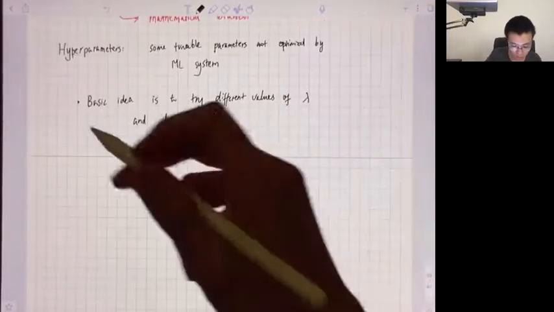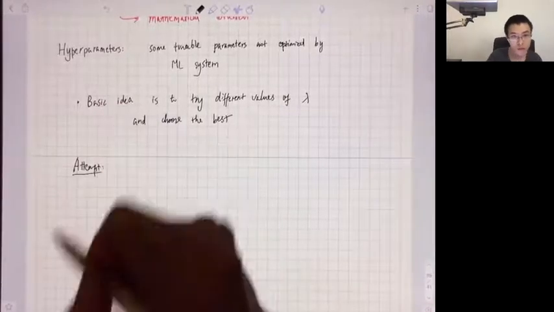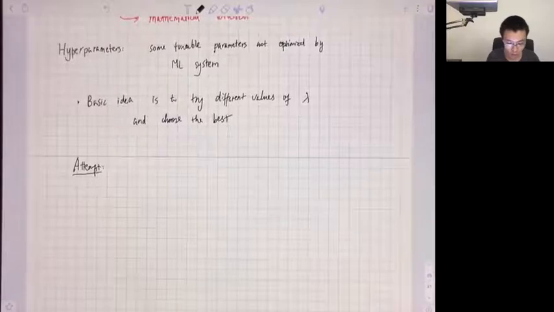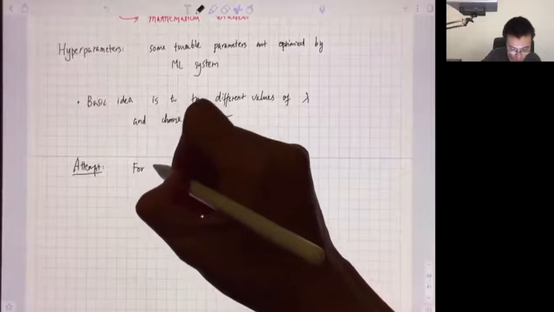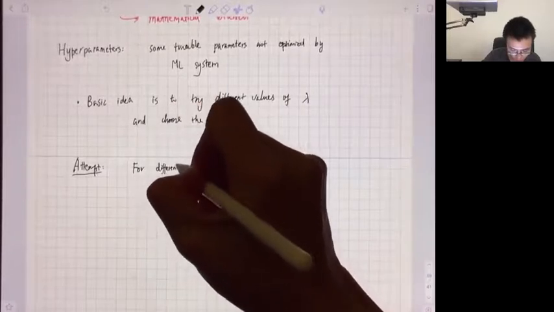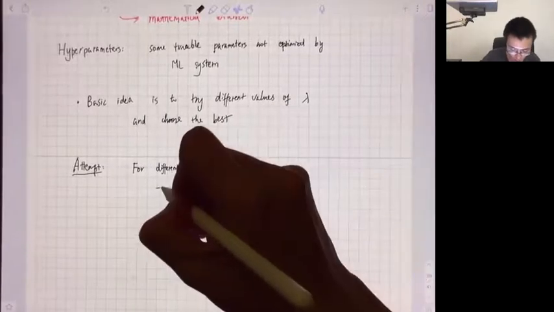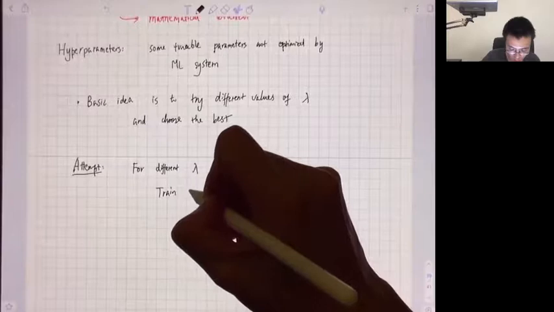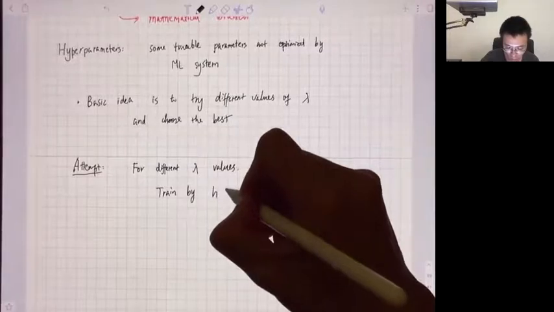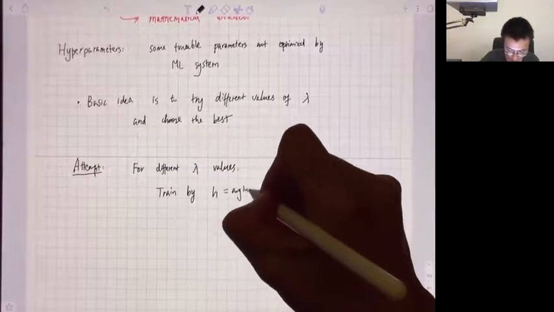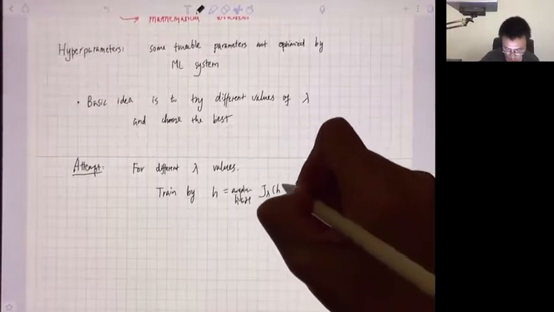So I have the first attempt. What if I say my algorithm is like this? For different lambda values, I train my h, which is argmin over h of J lambda of h, right?